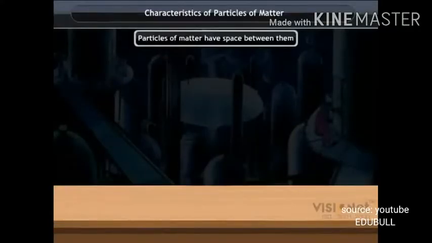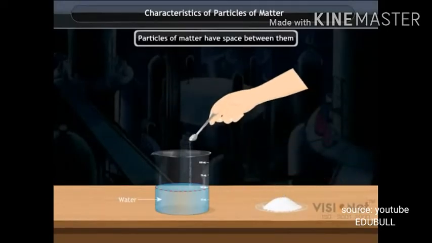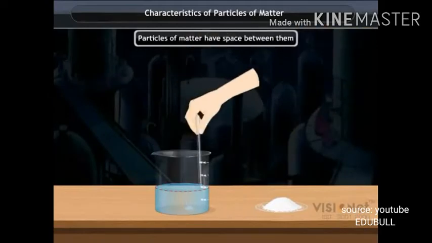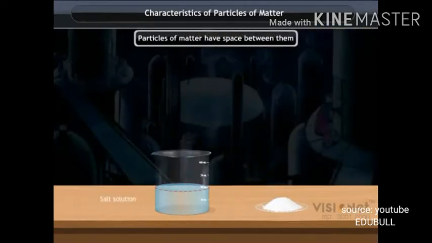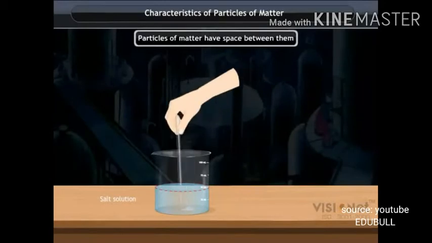Characteristics of particles of matter. Take 50 milliliter of water in a beaker. Mark the level of water in the beaker. Now add some salt to the beaker and stir it well with the help of a glass rod. Observe the level of water now. Add some more salt and repeat the above procedure.